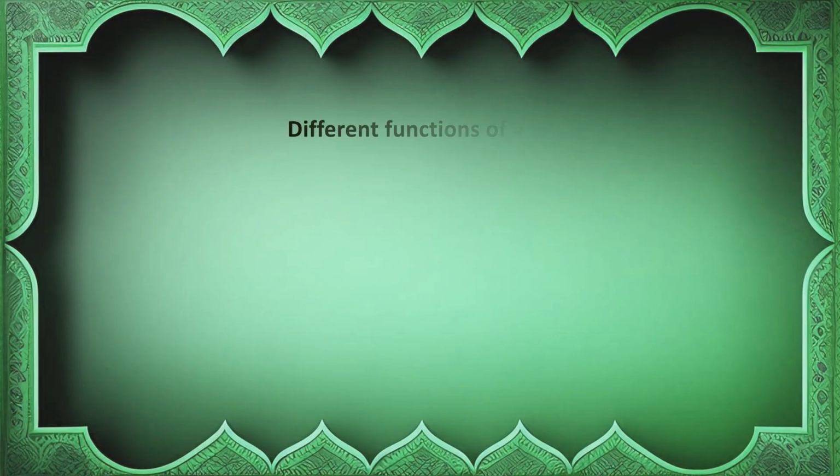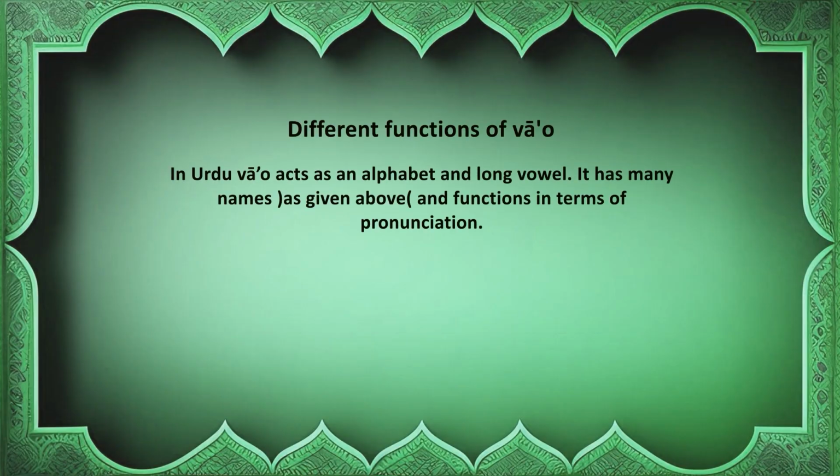Okay. So we'll see here different functions of vav. In Urdu, vav acts as an alphabet and long vowel. First function: it acts as an alphabet and as a long vowel. It has many names, as you saw above: vav malfuzi, mukhtafi, like so.